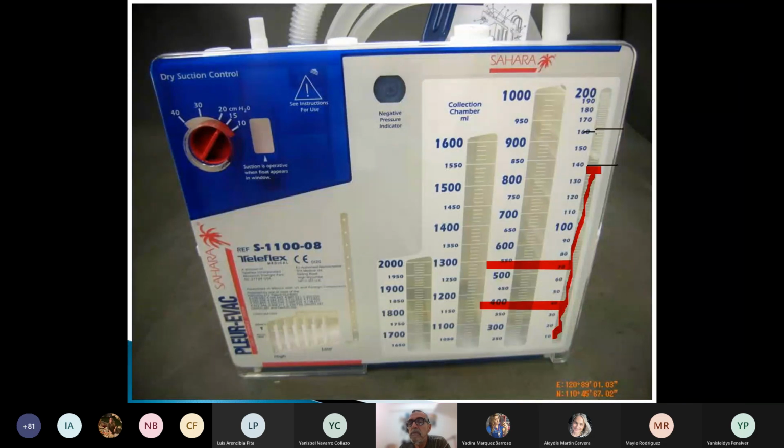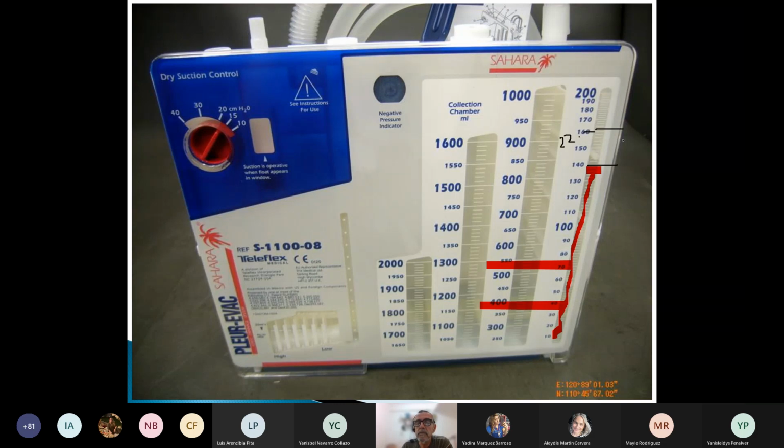So how much is each line going to be worth? From 50 to 60 is 10, and I have 2, 4, 6, 8, 10. Each one is worth 2. So it's going to be 22 milliliters.